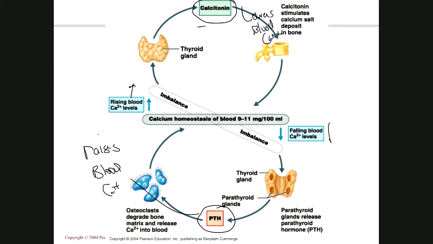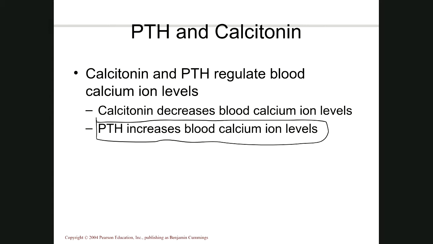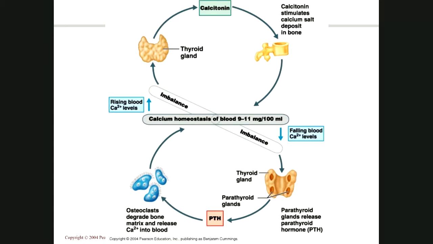If it's too low, I'm going to release PTH. Again, PTH raises blood calcium. Calcitonin lowers blood calcium. Any questions so far?